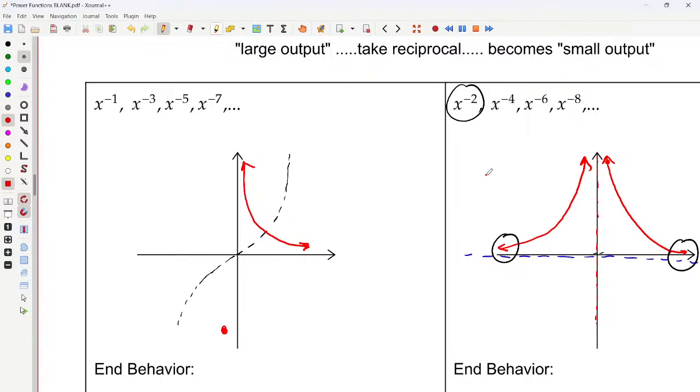Like, use an example, -100. Reciprocating does not change its sign. So it's still going to be below the x-axis, but it's just going to be a small below. And there's the basic shape of all those graphs.